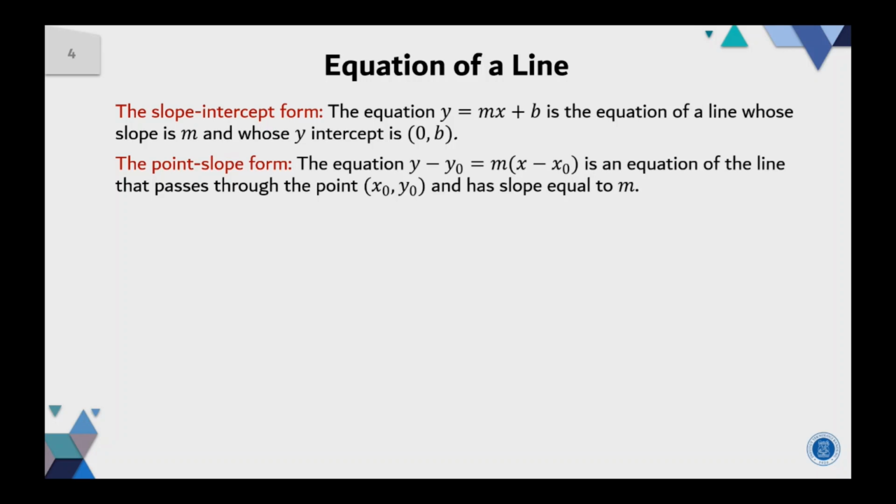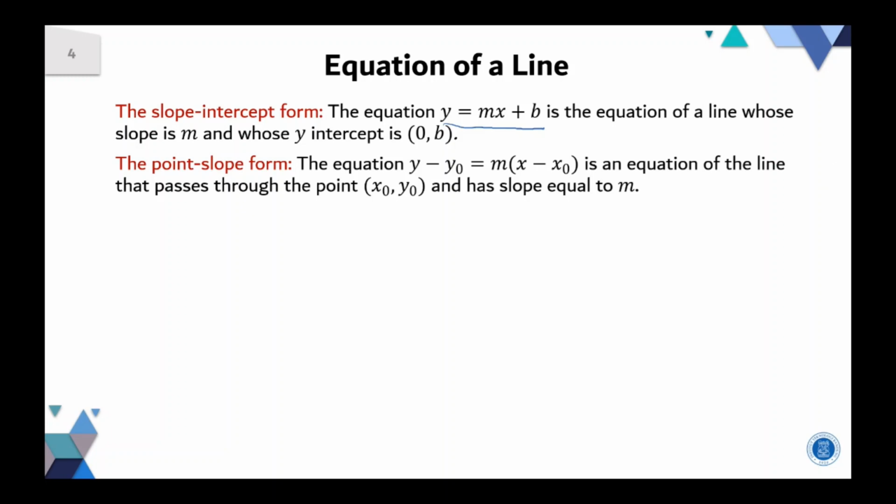So how do we get m and b here? m is actually the slope of the line, and then what is b here? b is actually the y-intercept, the point on the line in the form of (0, b). So this is one equation.